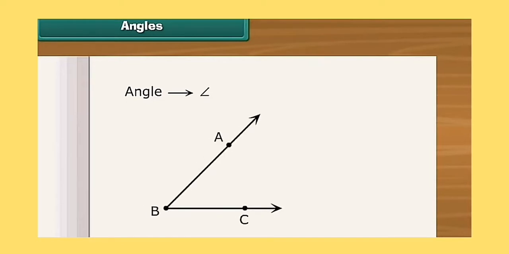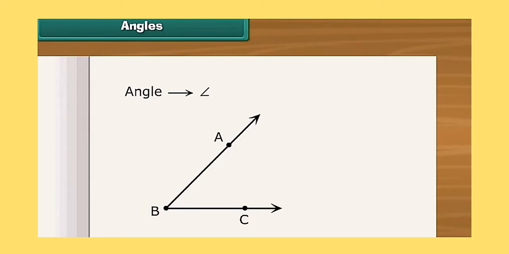Now we represent an angle by this given symbol. This is the symbol for an angle. It is not an L, but just a symbol. Now this is an angle ABC.